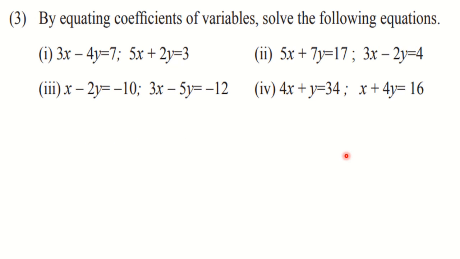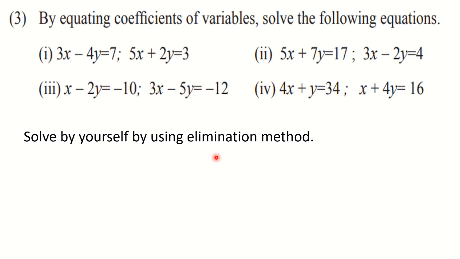Question number 3. Here it is clearly mentioned, by equating coefficients of variables, solve the following equations. Means once again you have to use the elimination method. Okay, so these sums also you will solve by yourself. 4 sums are given in question number 3. Same method. Number the equation as 1 and 2. Observe the coefficients.